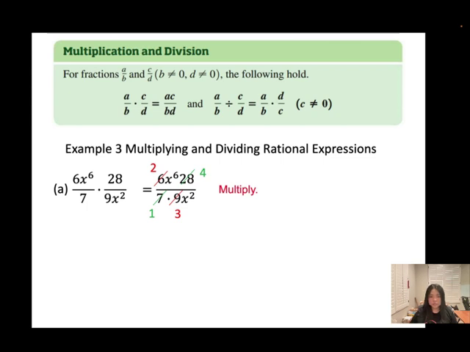And then the x to the 6 divided by x squared, so take it out. You're left with the 4. So the final answer will be 2 times x to the power 4 divided by 3.